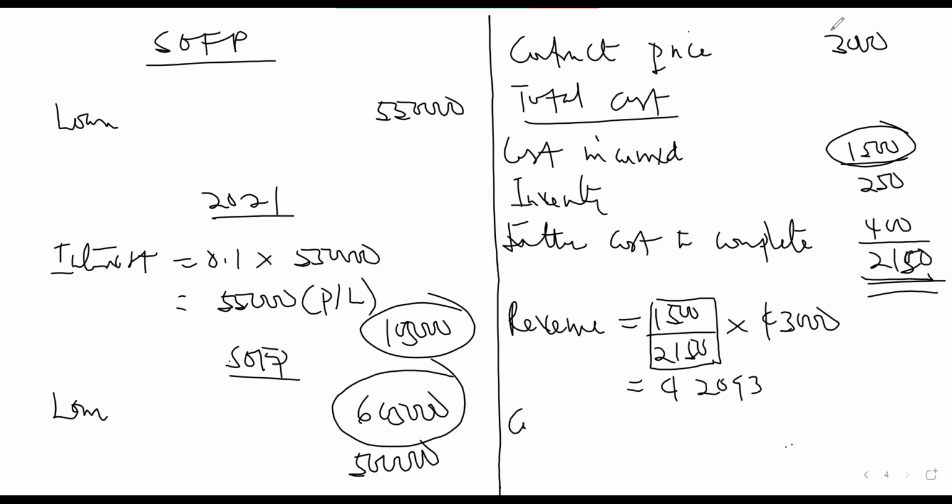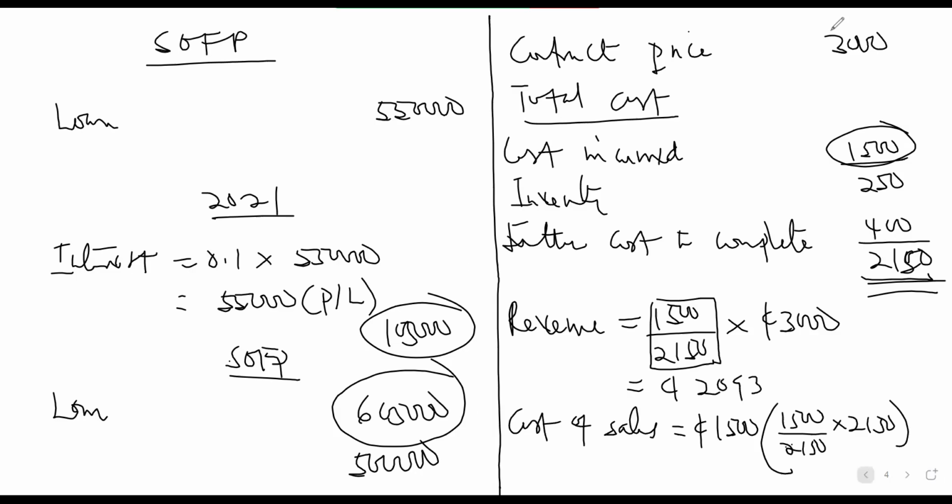What will be the cost of sales? The cost of sales will always be the cost incurred to date, okay, which can also be calculated as 1,500 divided by 2,150 multiplied by the total cost. You still get that particular value. So you just ask yourself, what will be the profit element? How do you calculate the profit? You can just find the difference between your revenue and that one.